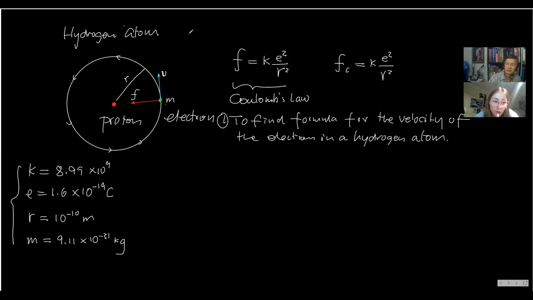We need to find the relation between the velocity and these quantities. For uniform circular motion, we can always use these formulas.